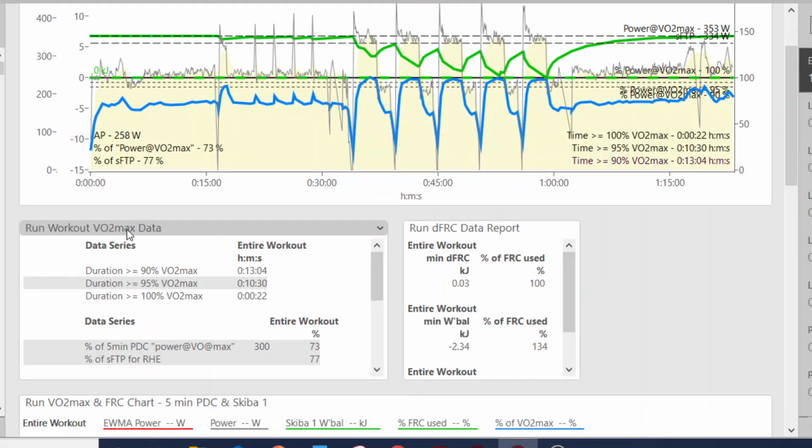One of them is a report that constructs the time at 100%, 95%, or 90% of, quote unquote, power at VO2 max. I say quote power at VO2 max because there is no single power at VO2 max.